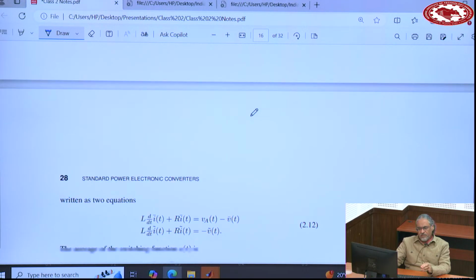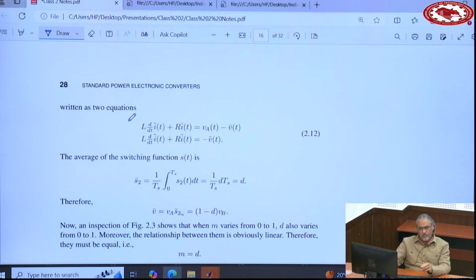For the average model, we follow the same procedure. We use DC and high frequency. Remember, DC and AC. And then you break down the equation to the DC part and AC part. This one, forget about it. We are not going to use it. That's the really high frequency dynamics, which for the purpose of control and operation, it's not important.